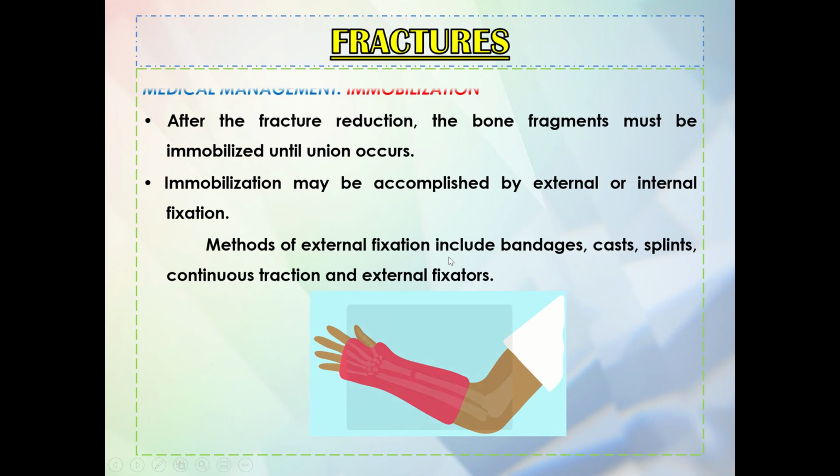So that's our types of reduction, either closed reduction or open reduction. Another medical management we have is immobilization. After the fracture reduction, after we realign the bone and restore the somewhat anatomical position of the affected bone, or for example a joint, the bone fragments must be immobilized until union occurs.